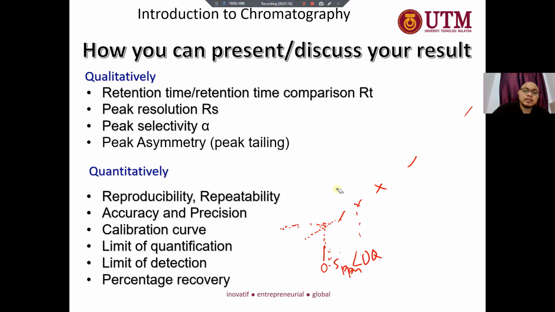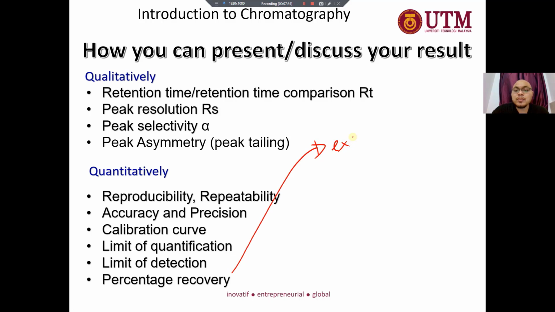Percentage recovery is the thing that you must provide in the instrumentation analysis. What is percentage recovery? Percentage recovery is for the extraction process. For example, you have the analyte that you spike in the sample at 1 ppm, and then you extract.